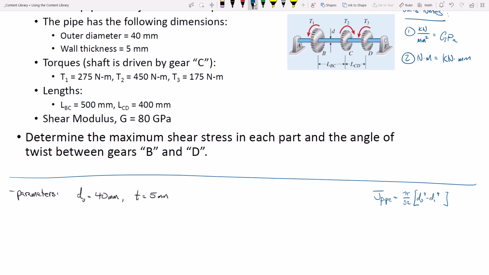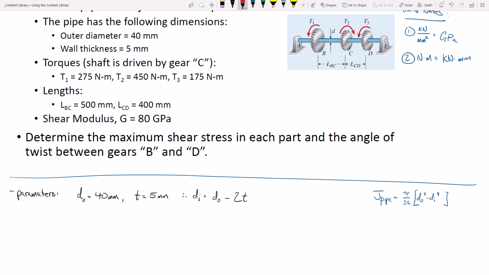What are we missing? So how do we determine DI? Say again? DO minus T. All right. DO minus T or 2T.